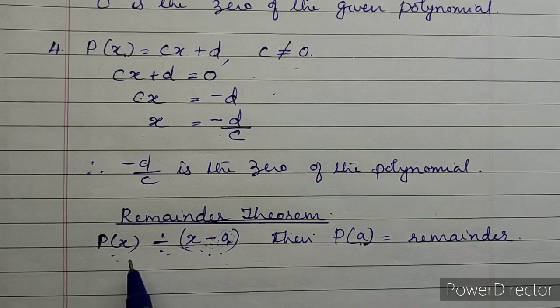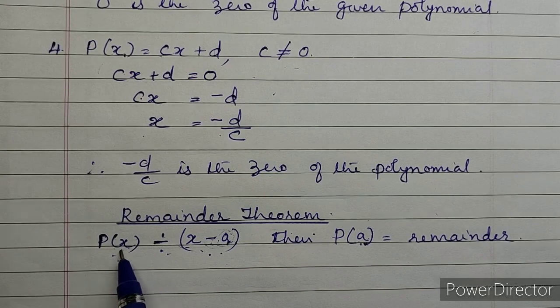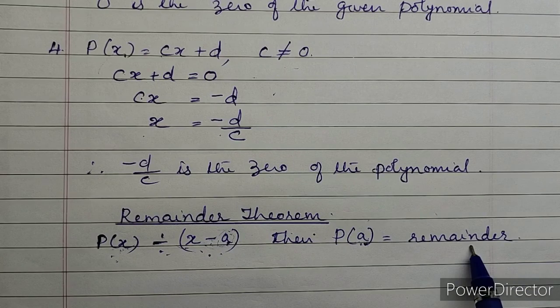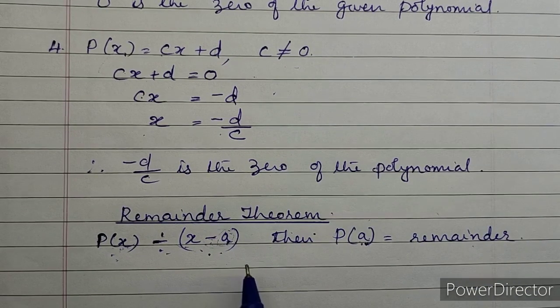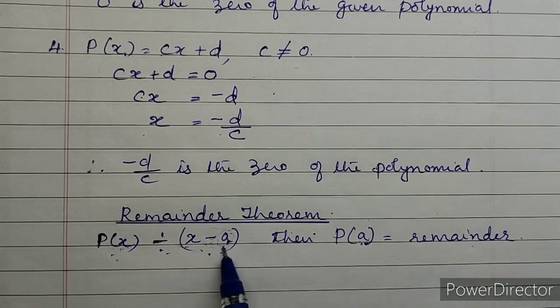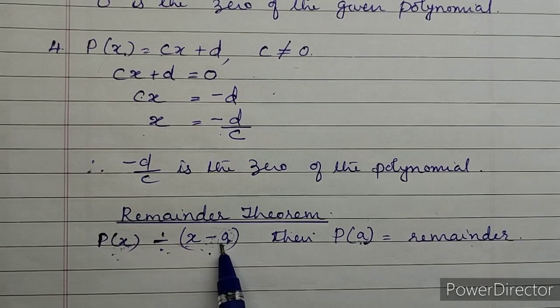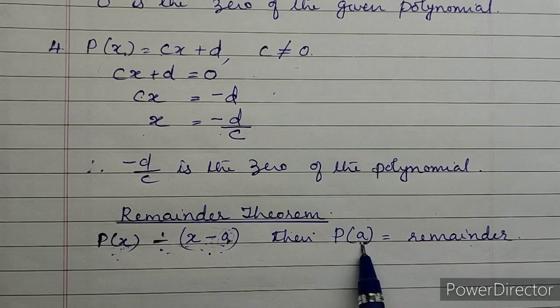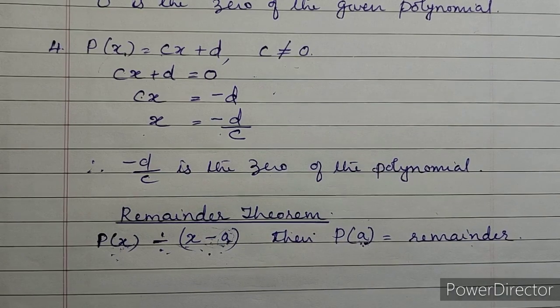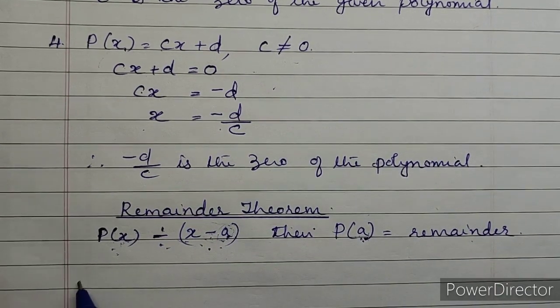So p of a, if you substitute that positive a instead of x and get the value, that value will give you the remainder. Only thing you have to do is change the sign of the a value and substitute for x. You will get the remainder. One example I will show you.